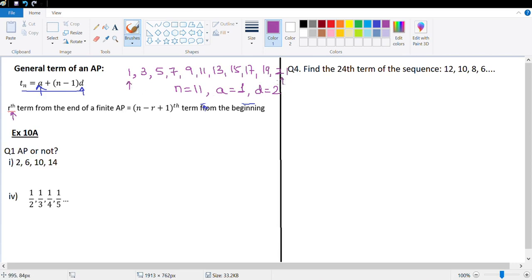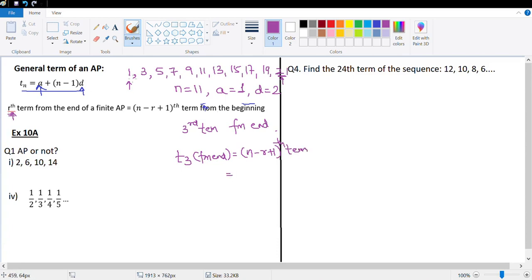If I need to find the rth term from the end, which means I am now looking at the end of the AP, say the third term from the end, how do I figure that out? In this case, T3 from the end will be equal to the n minus r plus 1th term, where n is the total number of terms.